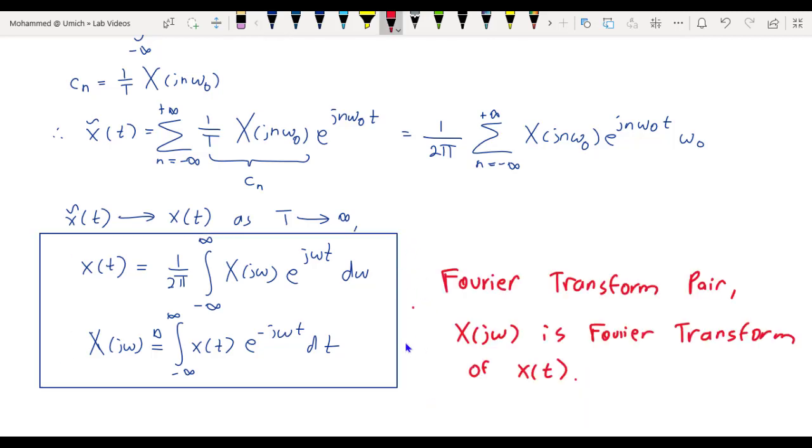These two equations are known as the Fourier transform pair, and X of j omega is called the Fourier transform.